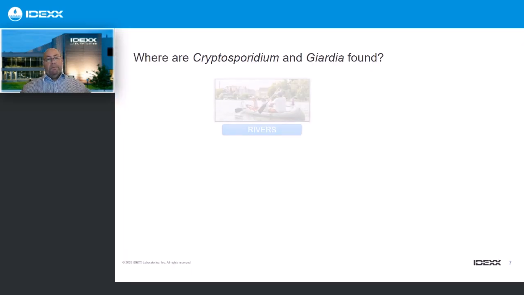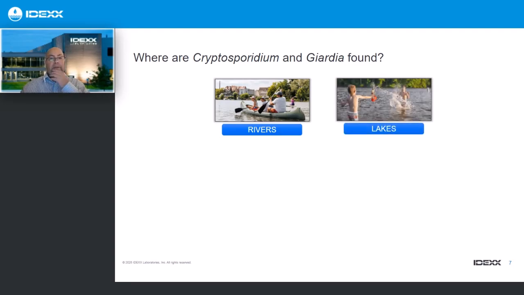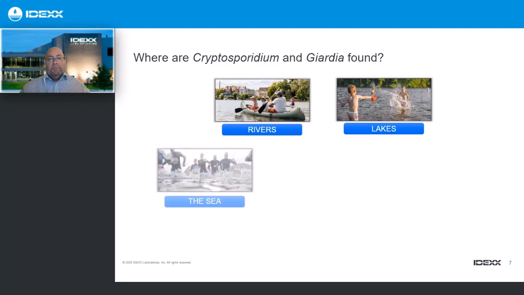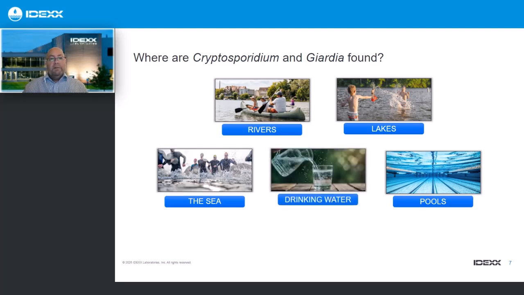Where do we find them? We've already indicated that they are pretty much ubiquitous. So anywhere that you're going to find water, particularly within the environment, you're going to find Cryptosporidium and Giardia. So rivers, lakes, the sea, swimming pools are another potential reservoir for Cryptosporidium.